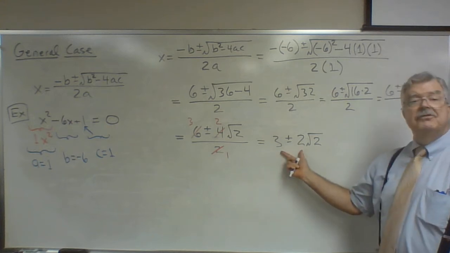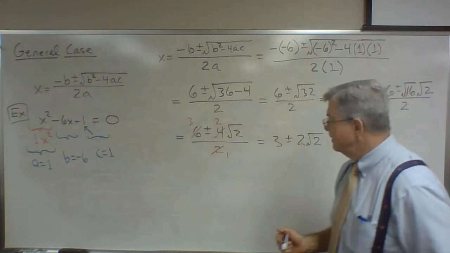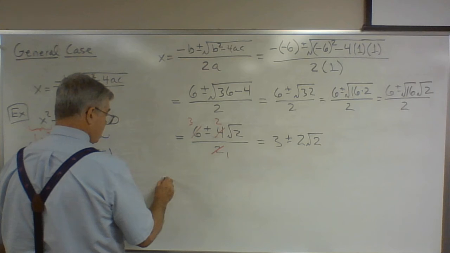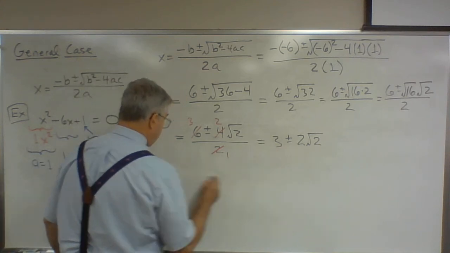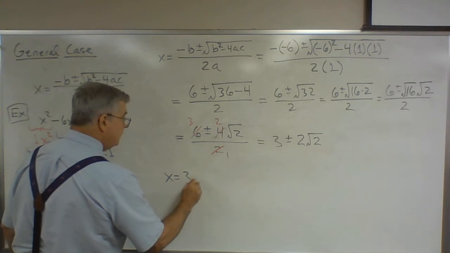This gives us two solutions. x equals 3 minus 2 square root of 2.